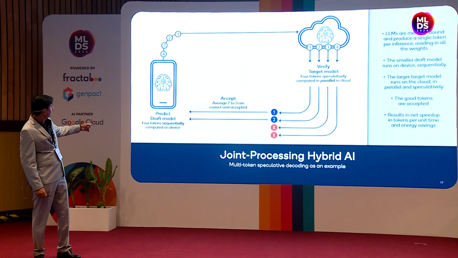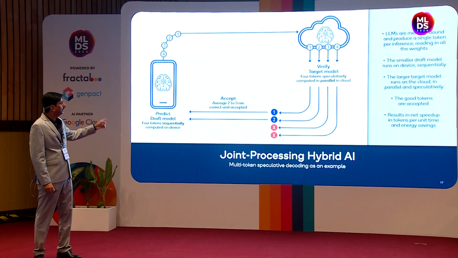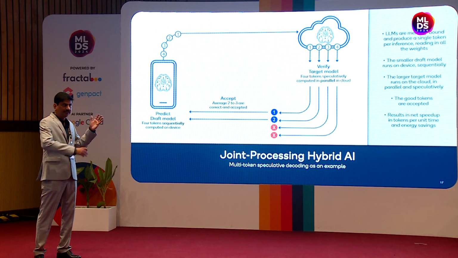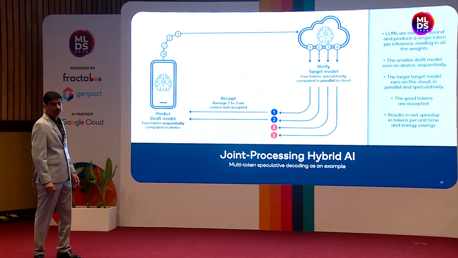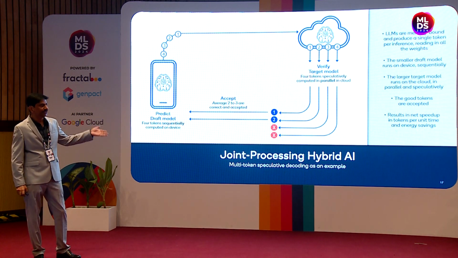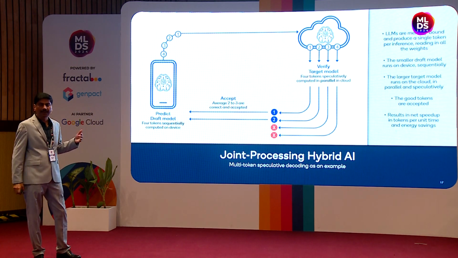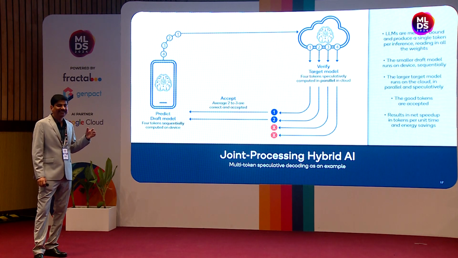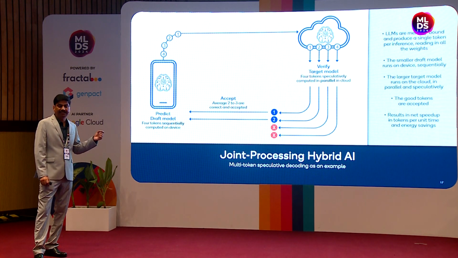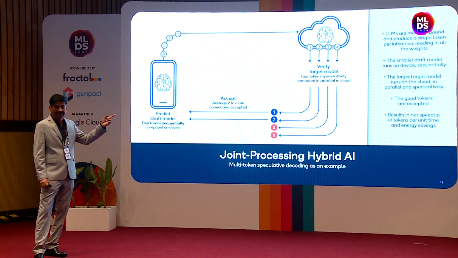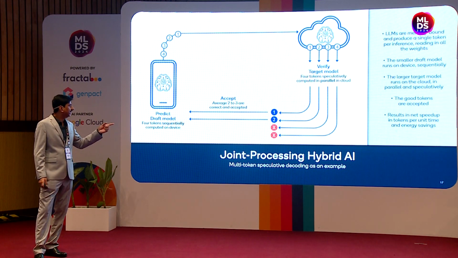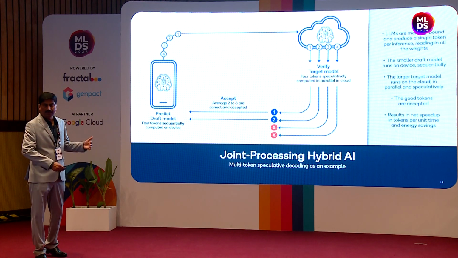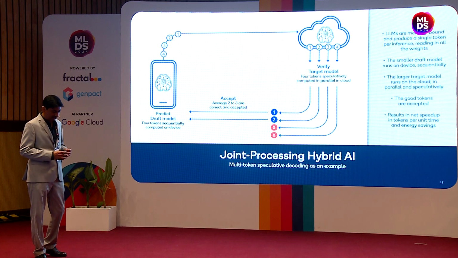So the sequential inferences will happen on the draft model, which will do some 4-token prediction, and that will be fed as an input to the target model, which could run on the cloud. The target model checks the accuracy of those predictions, and it will re-predict only when there is a difference between your local prediction and the cloud prediction. That helps reduce the number of inferences you run on the cloud.